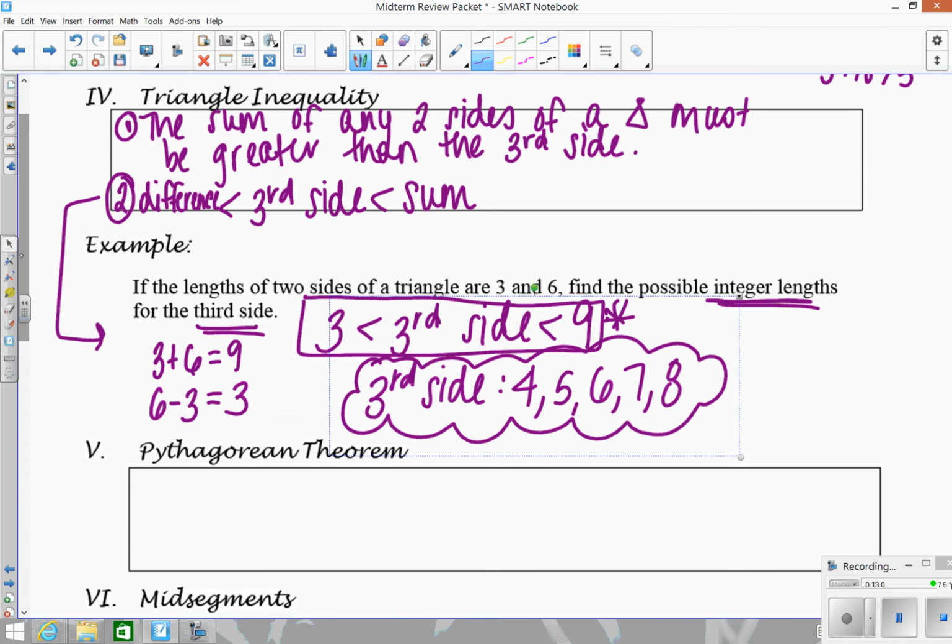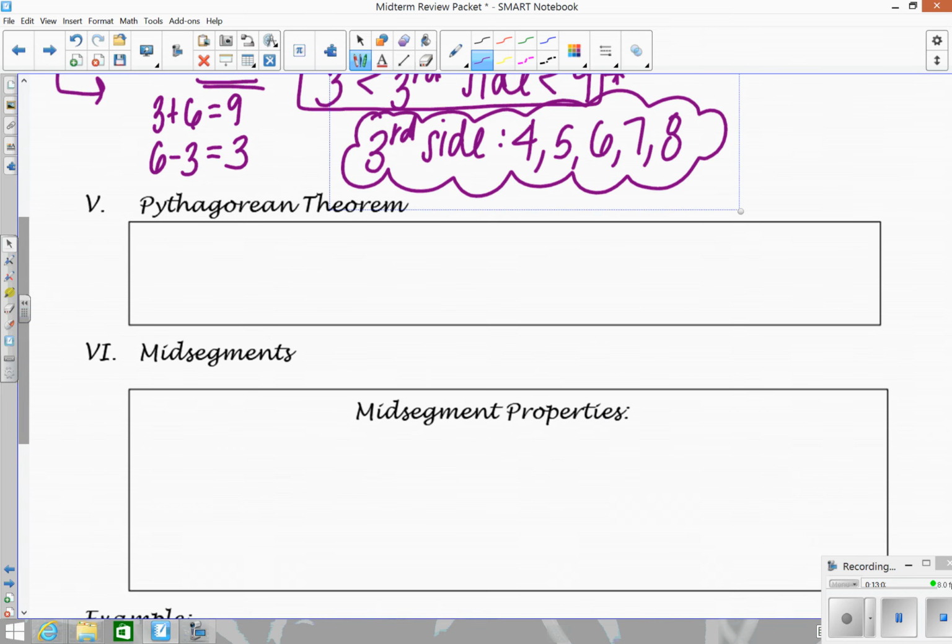And then the other important theorem that you all know that has to deal with the sides of a triangle is the Pythagorean Theorem. So this is a squared plus b squared equals c squared. And this is for the sides of a right triangle. So a and b can be the legs. C is always the side across from the right angle, which is the hypotenuse.